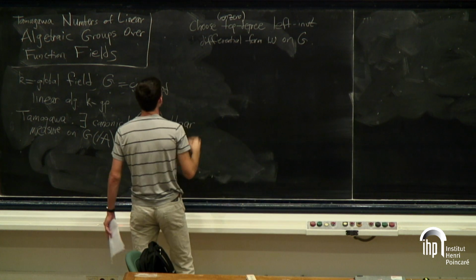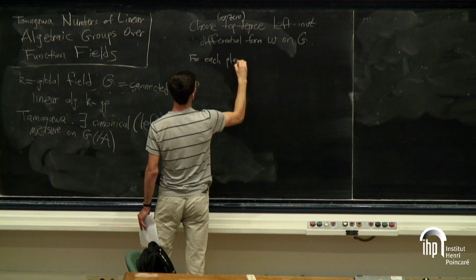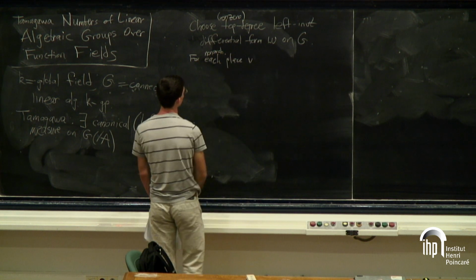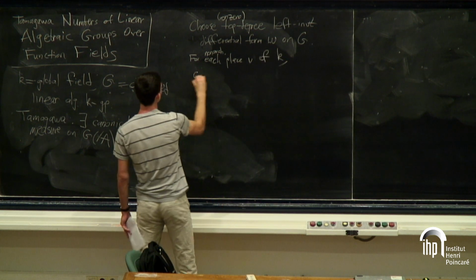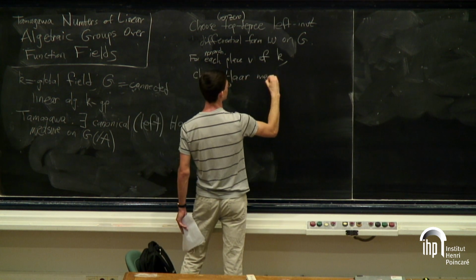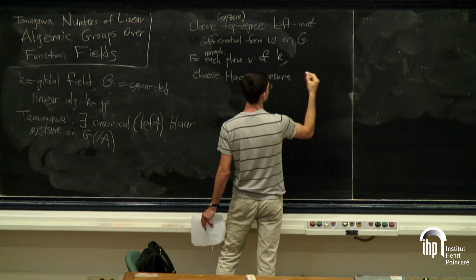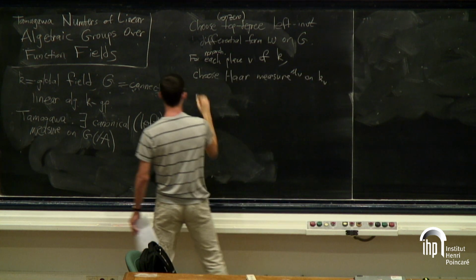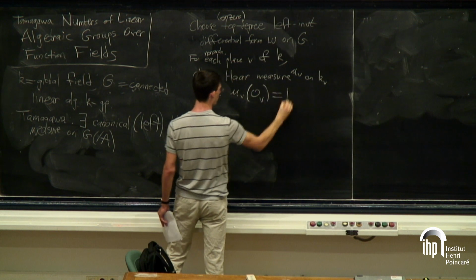And then for each place v of K, well, let's say non-Archimedean. You can also do something at the Archimedean places. So for each non-Archimedean place v of K, you choose the Haar measure on K_v, the completed local field, let me call it mu_v, such that mu_v of the ring of integers is 1.